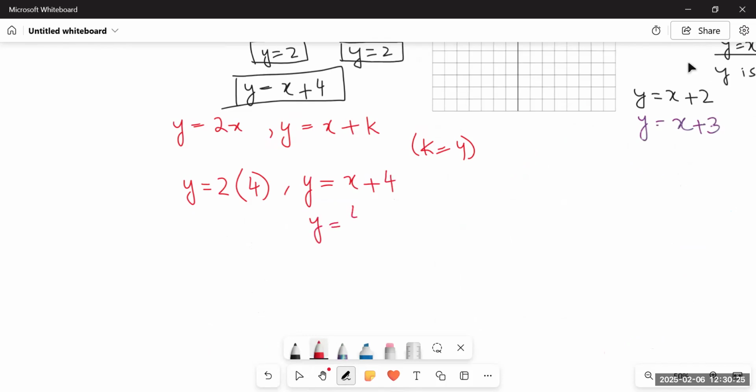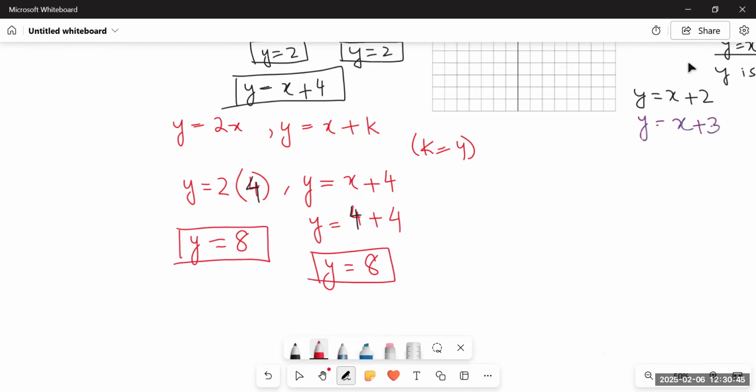In place of x, we are taking 4 on both sides. So it would be y = 8 and y = 8. So for the value of x as 4, the value of y would be 8 in both the situations, when the constant is 4.